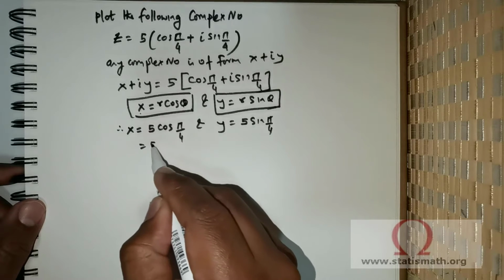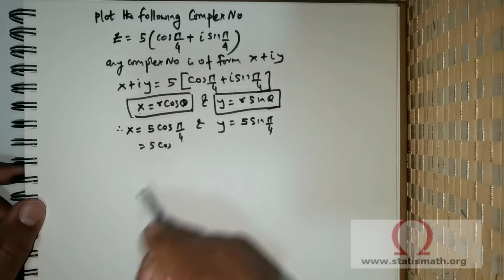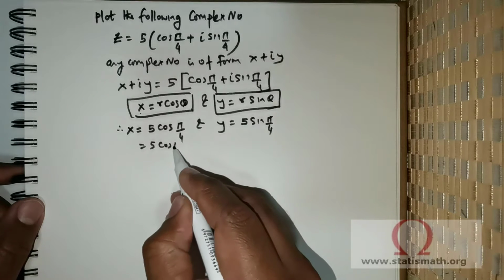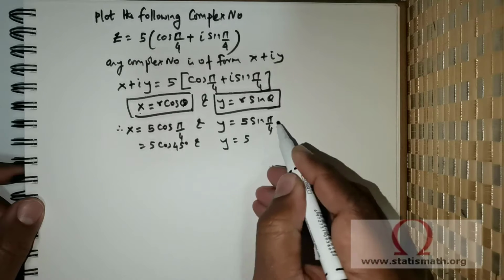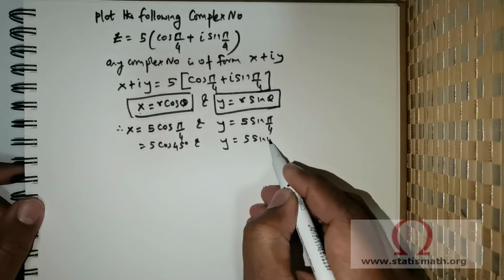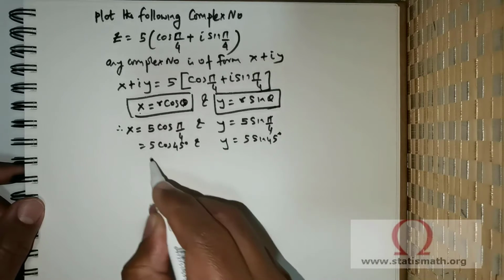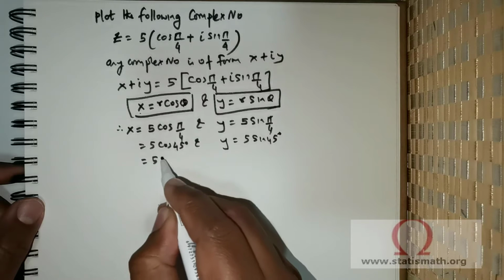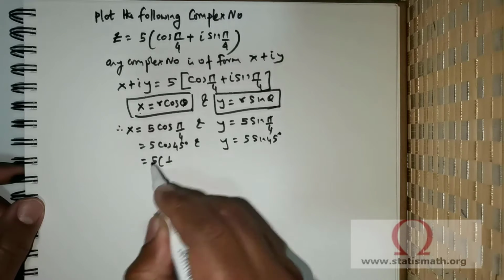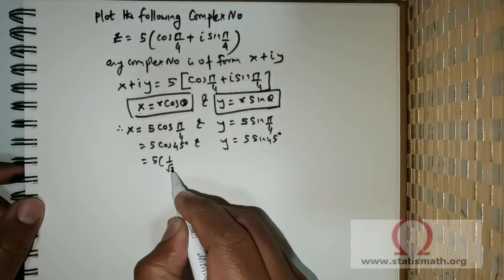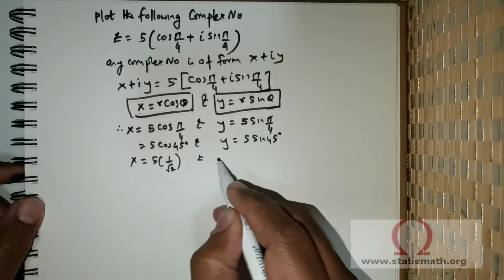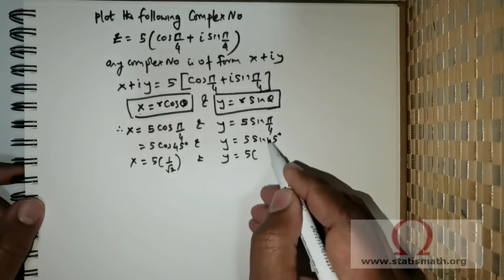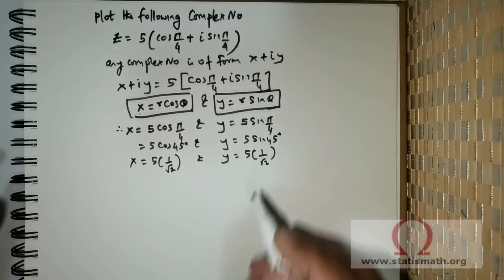Now cos pi/4 is going to be cos 45, similarly sine pi/4 is going to be sine 45. Over here it's going to be 5 times, since sine 45 and cos 45 are one and the same, that's going to be 1 over root 2 for x, and for y sine 45 is also 1 over root 2.